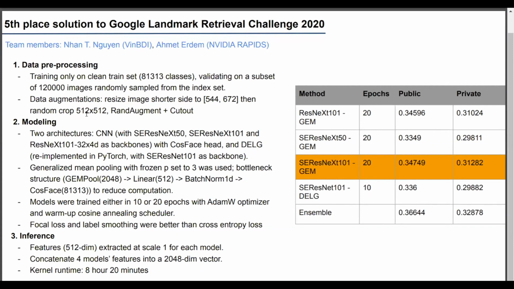At inference time, we extracted features from 4 different models at scale 1, concatenated them together into a 2048 dim vector, and it took us about 8 hours and 20 minutes to generate the final submission.